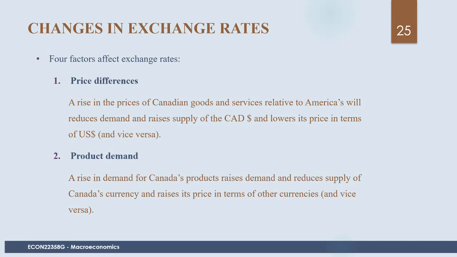And all we're saying in this second one here is that if Canadians for some reason want to buy more domestic goods instead of importing, then there's going to be less people wanting to exchange their Canadian dollars for foreign currencies. And so that's going to reduce the supply of Canada's currency, and it will raise its price in terms of other currencies. So just think of it, there's less people offering Canadian dollars for sale, so they're, in a sense, becoming more scarce. Okay, and so that would increase the price of the Canadian dollar.